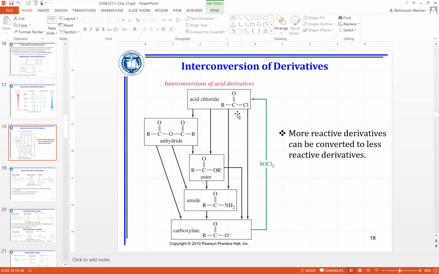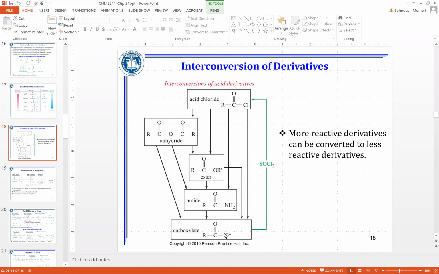This diagram shows the interconversion of the acid derivatives, and the most reactive can be converted to the least reactive spontaneously. So acid chloride can be converted to any of the other acid derivatives: to acid anhydride, to ester, to amide, and to carboxylate ion by hydrolysis.